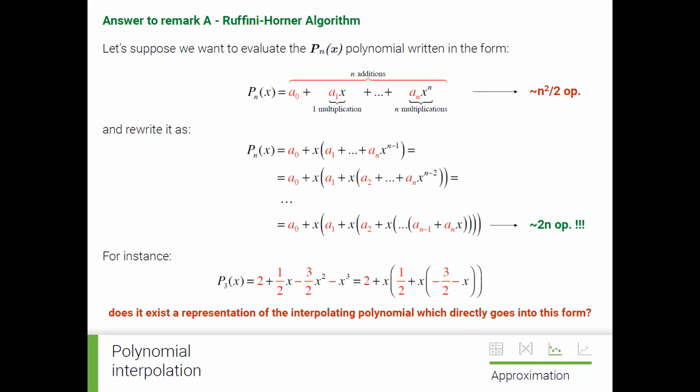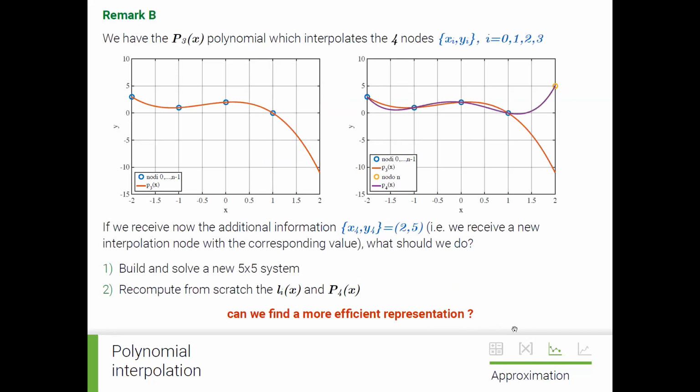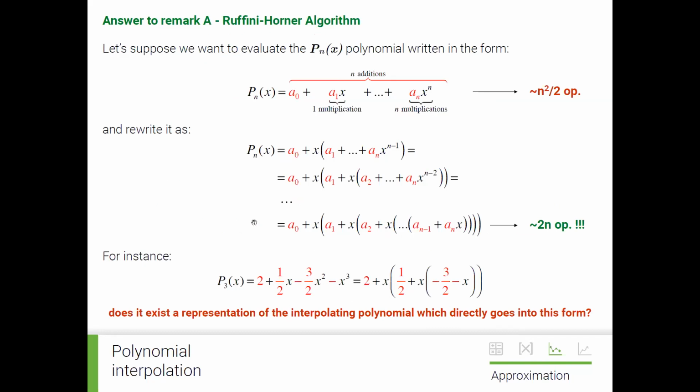So it's also equivalent to 2n operations here, yes? We wrote this polynomial in this form. They are equal. And now, if it's clear, we'll move to the next section.